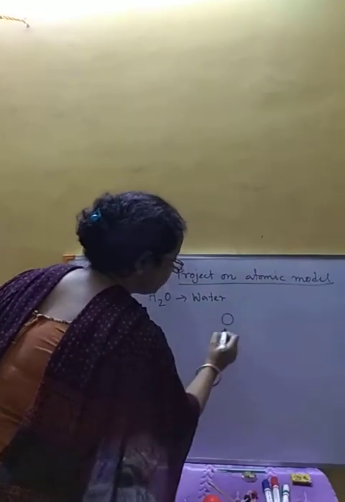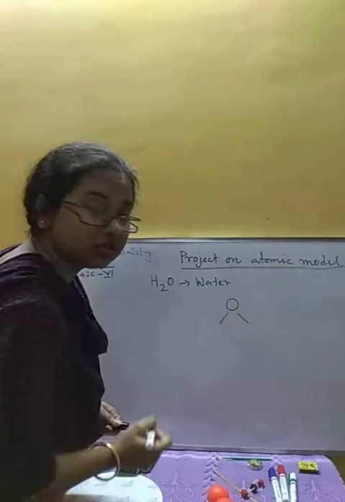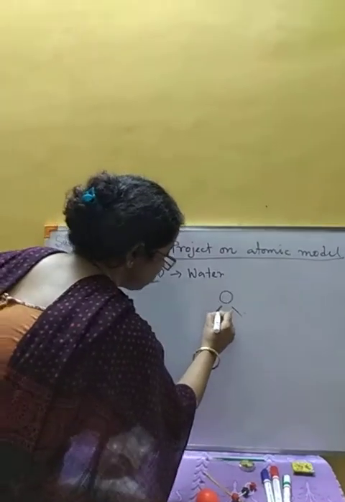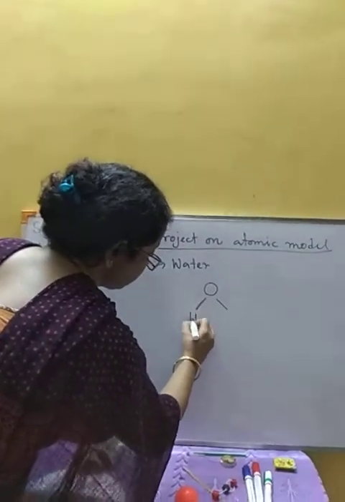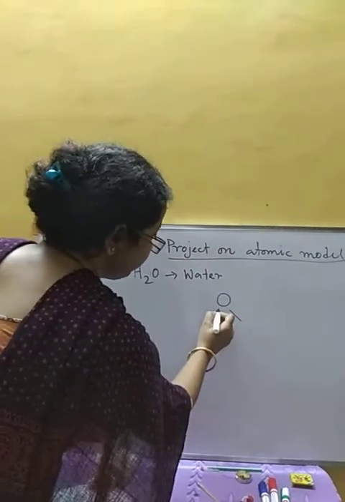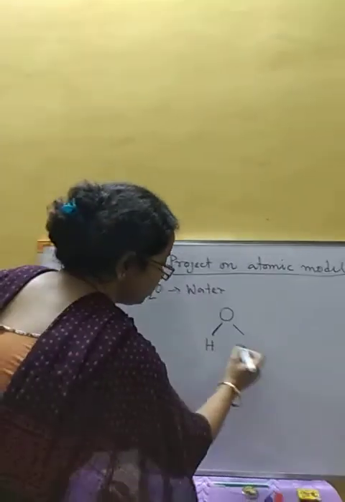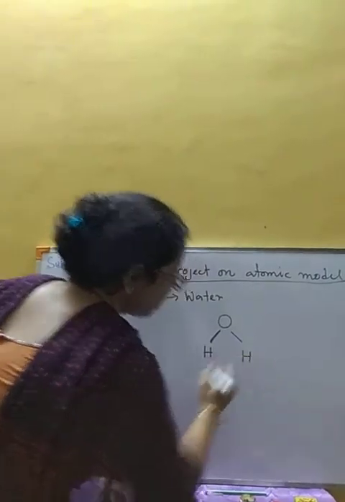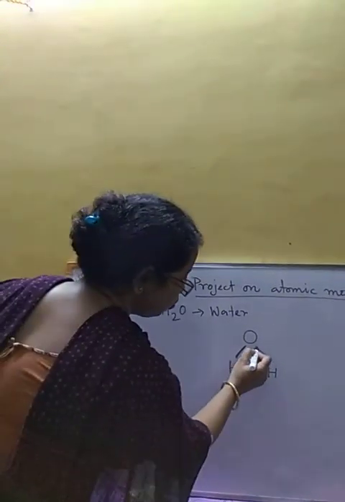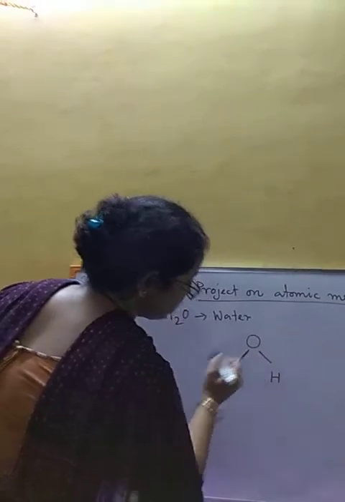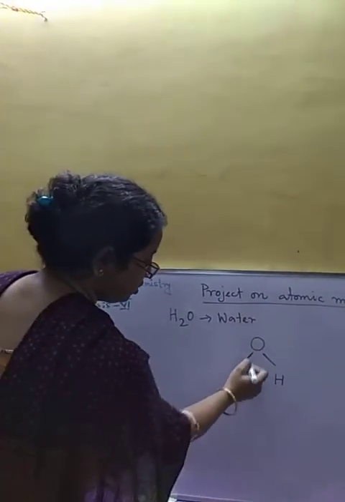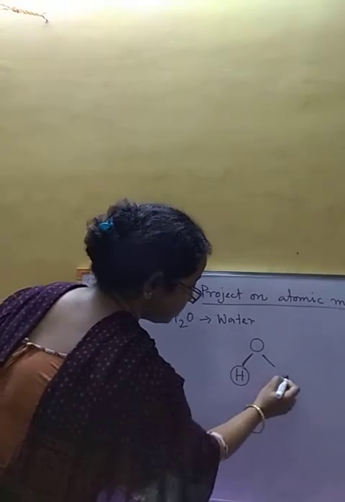See, in the middle the central atom is oxygen, and this oxygen has two bonds. With one bond one hydrogen atom is attached on this side, and here one more hydrogen is attached. Okay, so two bonds are there. This is one hydrogen, this is another hydrogen.